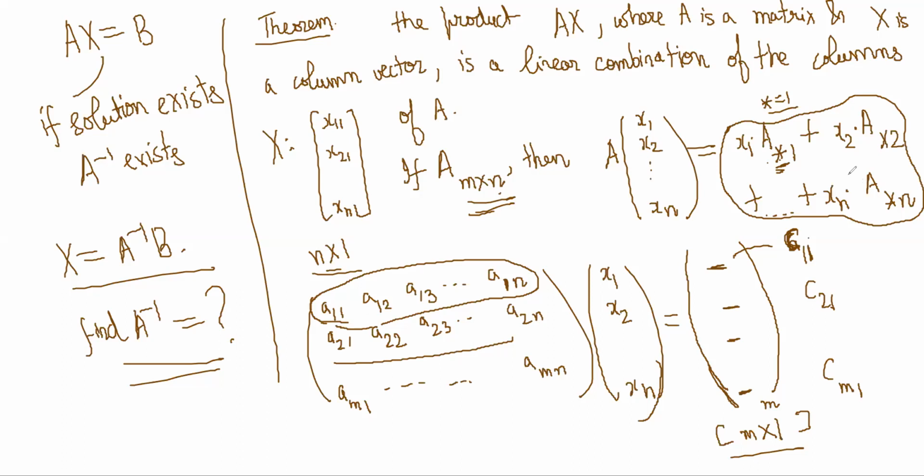So what I will write is basically C star 1, the column is always 1, is equal to x1 into A star 1 plus x2 into A star 2 and so on, till xn into A star n.